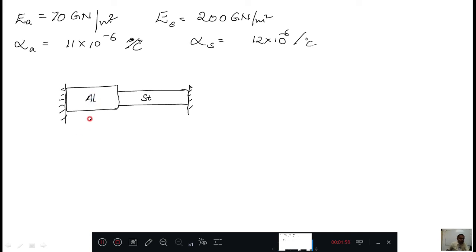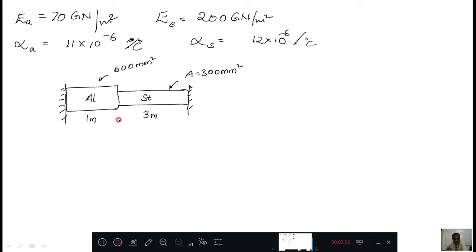It is 1 meter length and this is 3 meter length. Its area is 300 mm square and its area is 600 mm square. Right, this is the problem given.